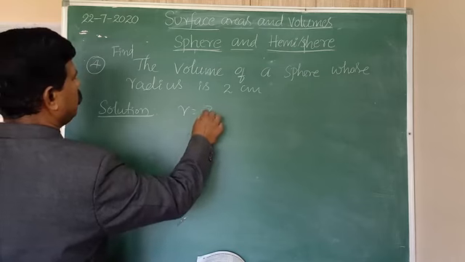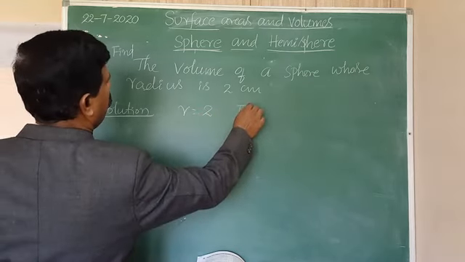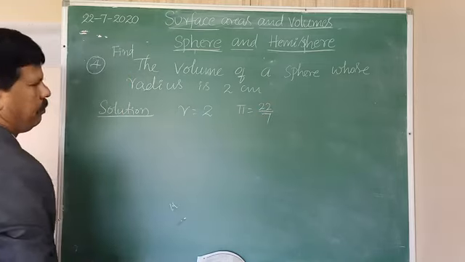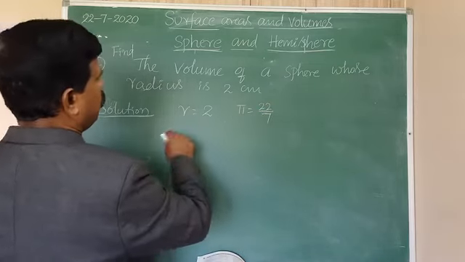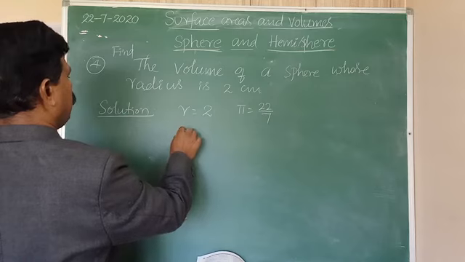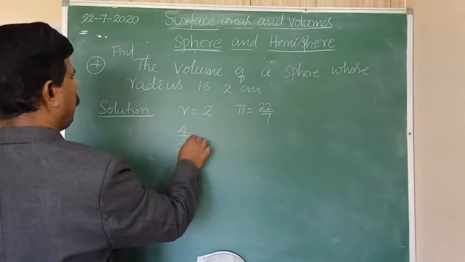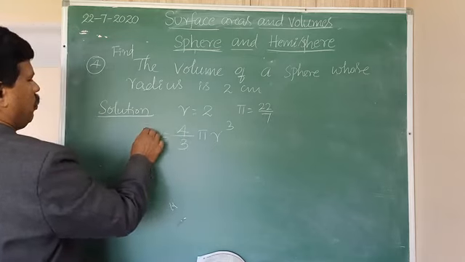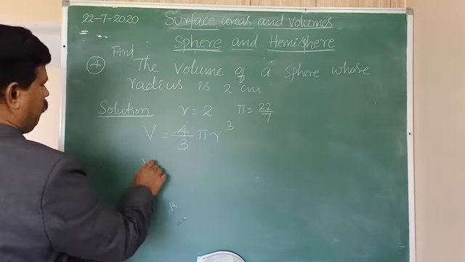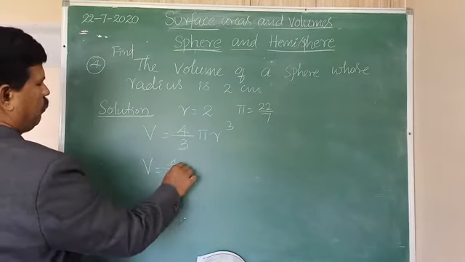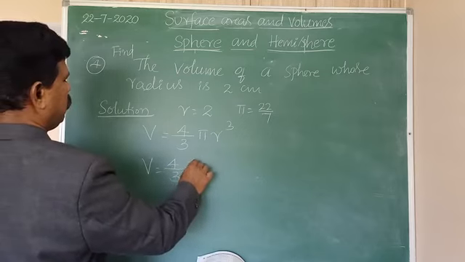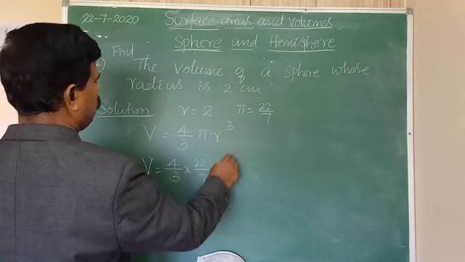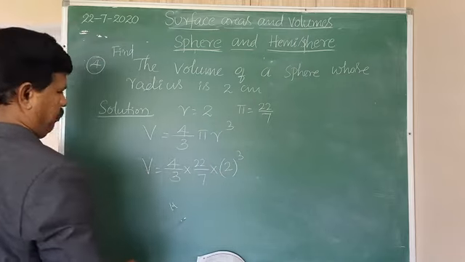r is equal to 2, pi is equal to 22 by 7. Now formula: 4 by 3 pi r cube is the volume. Then V is equal to 4 by 3 into 22 by 7 into 2 cube.